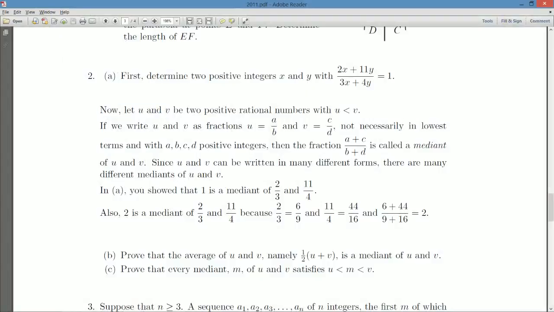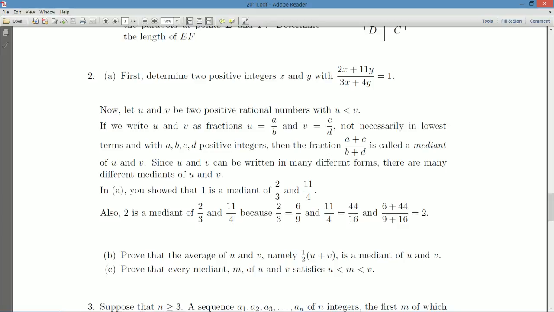Now, let u and v be two positive rational numbers with u less than v. If we write u and v as fractions, u equals a over b and v equals c over d, not necessarily in lowest terms.